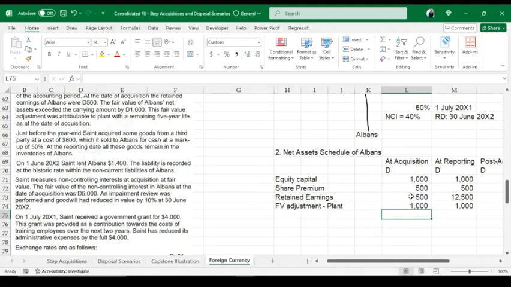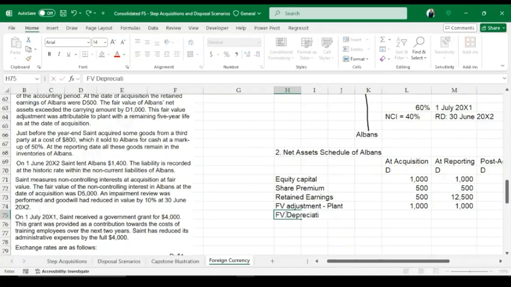Now, because of the additional amount we are adding, this is going to give rise to depreciation. So we are going to have fair value depreciation. And with the depreciation, we've been told that the plant has a remaining useful life of 5 years. So we'll have 1,000 here divided by 5. And this is going to be affecting the amount at the reporting date only.